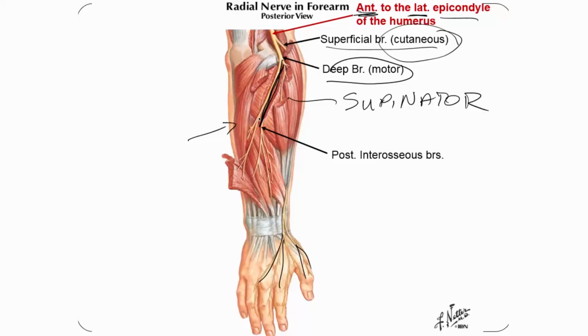So for example, if an individual gets a job as a mechanic after not having done this work, and they're using the wrench and doing a lot of supination and pronation, or with a screwdriver, a lot of supination and pronation. And that muscle compensates for that increased activity by increasing in size, by hypertrophying.